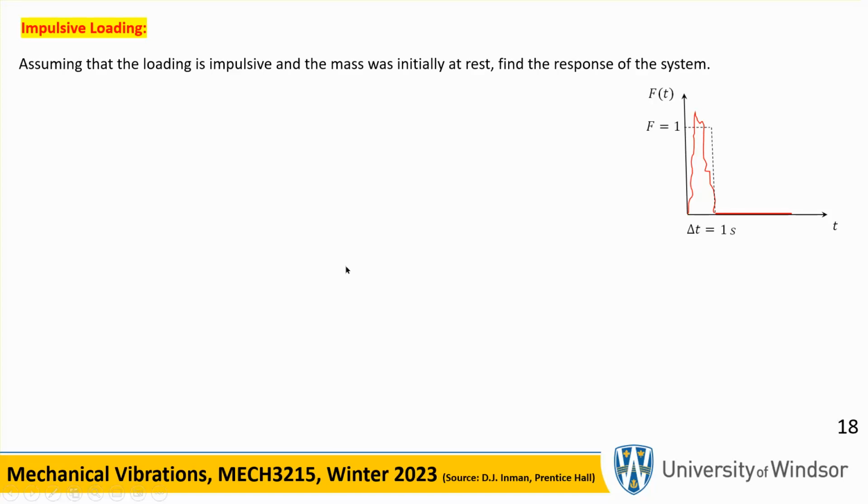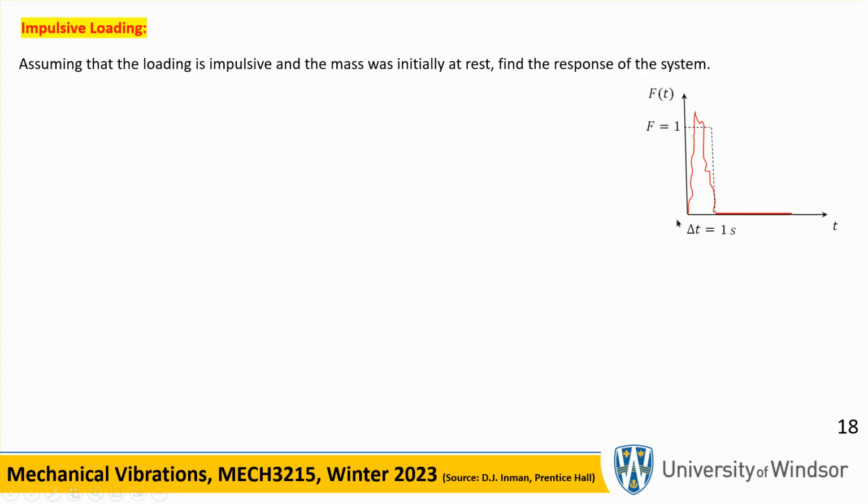Now, this one is an impulsive loading problem. Same information as the previous case, except that the loading looks like that. What I have drawn here for you, I'm going to approximate that curve function f of t with constant height of 1 over a duration of 1 second.